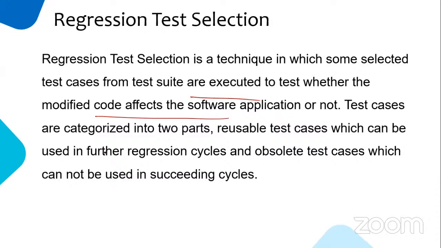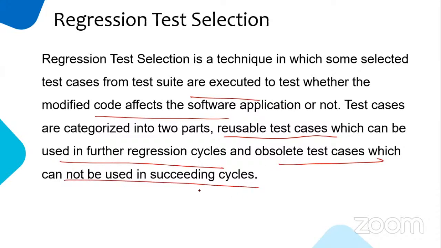Then it is categorized into 2 parts. One is reusable test cases, which can be used in further regression cycles, and obsolete test cases, which cannot be used in succeeding cycles. It's a little bit of a tricky part, just try to understand.